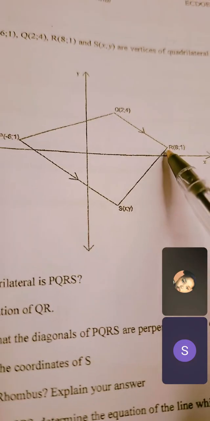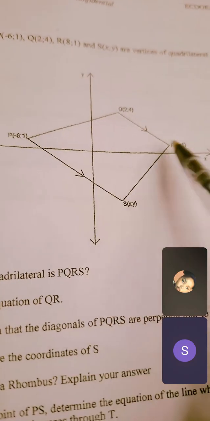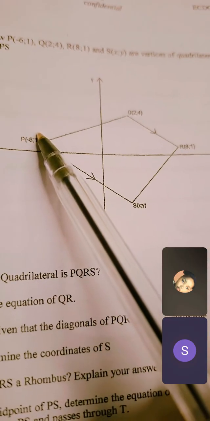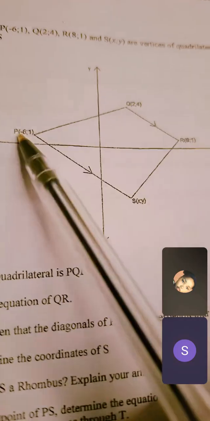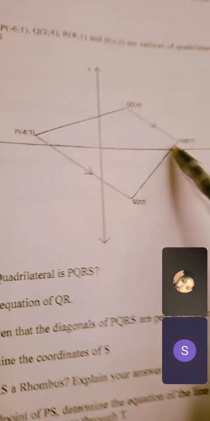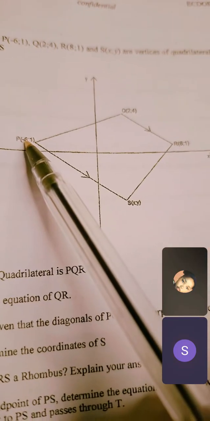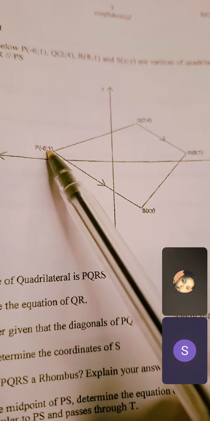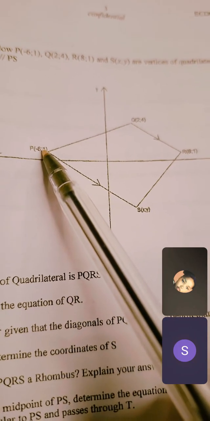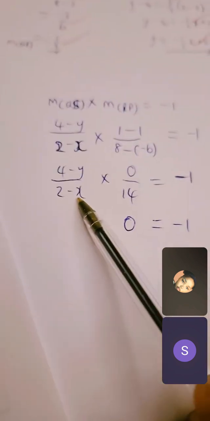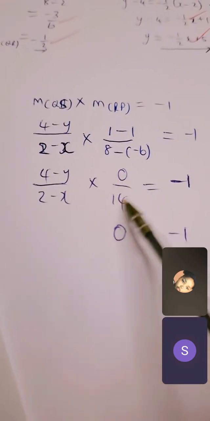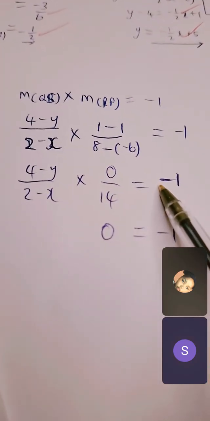Then for PR, 1 minus 1 over 8 minus minus 6, which is 8 plus 6, which is 14. Okay, are we together? So we have 4 minus y over 2 minus x times 0 over 14, which is equal to negative 1.